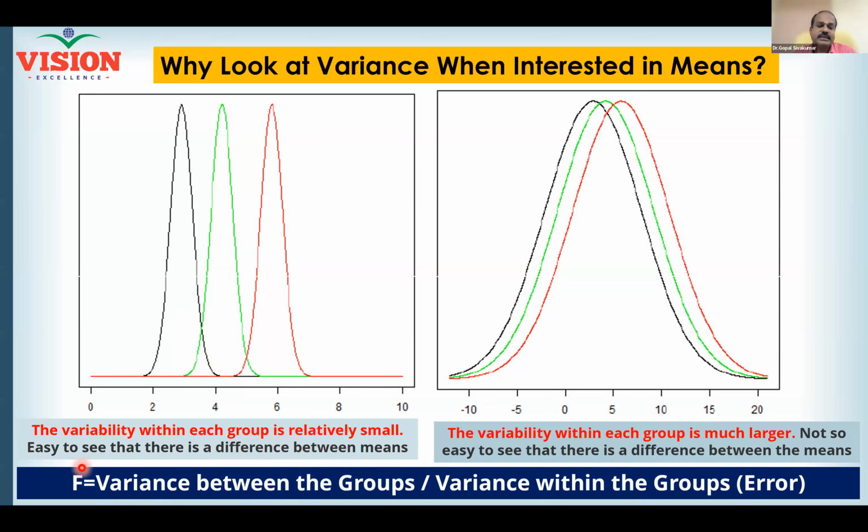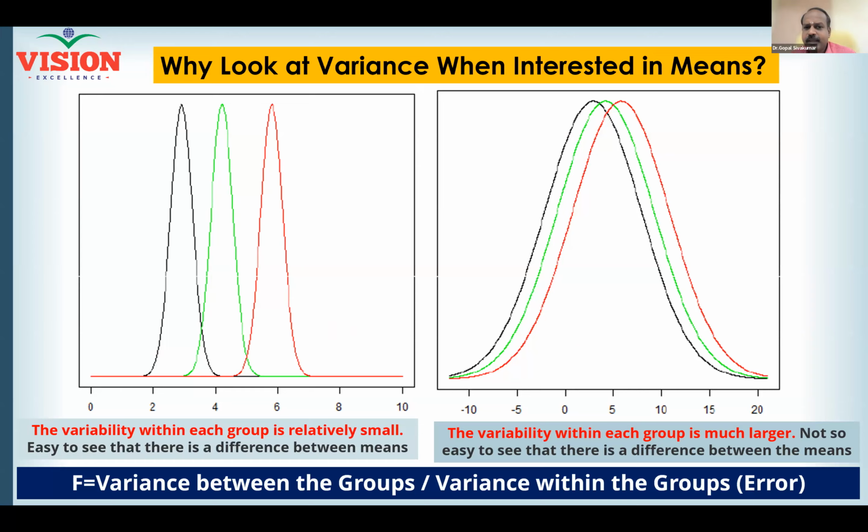That ratio is known as F score. What is the numerator? Difference between the averages, and the denominator is the difference within the group. The ratio is known as F score. Based on the F score, you can understand whether the difference is marginal or significant. Clear?